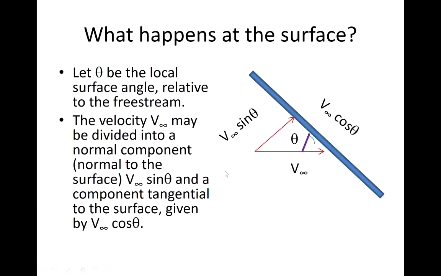So think of a control volume as a small box normal to the surface. The box area where it touches the body is delta A. So density times velocity squared times delta A is the normal momentum rate, where the velocity squared is v infinity sine theta squared.